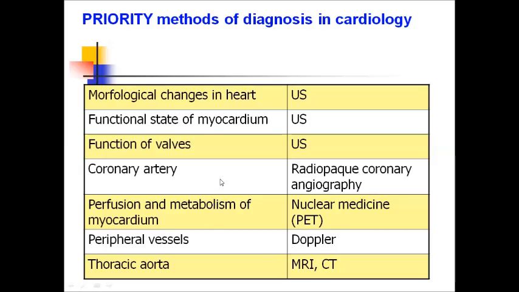And for evaluation of the coronary artery lumen, radiopaque coronary angiography is preferable. It has been replaced in recent years by CT with contrast enhancement, but is still in use.